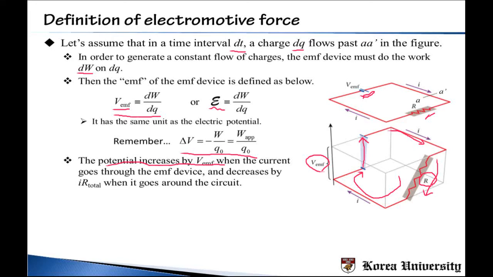Okay, so remember in the circuit, if you follow the direction of the electric current, the potential will increase by V_EMF inside this EMF device, but the potential will decrease when the current goes through the resistor. So in fact, finally, when you try to calculate something here, you actually have to put a minus sign because it's decreasing. Okay.